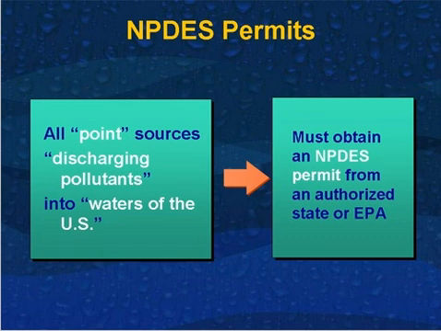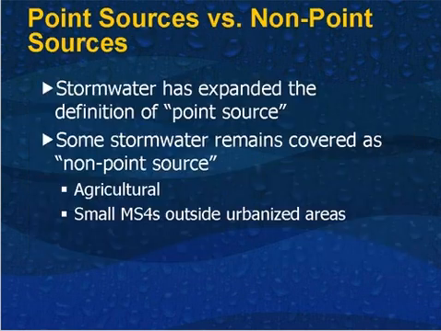There is, though, this distinction between a point source and non-point source that we want to point out. Again, stormwater has expanded the definition of point source to include things that used to be a non-point source, things like these smaller towns that are now Phase 2 cities, things like construction below 5 acres that is now regulated under the NPDES program.